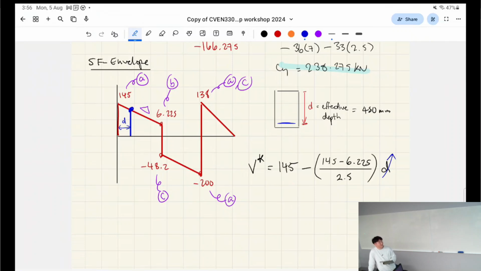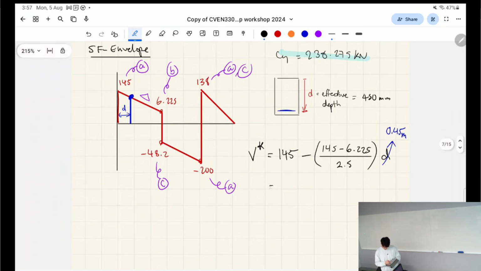What happens if we chuck in 450? If we chuck in 450, it's gonna represent this line because we're working in the wrong units. So this is gonna be 0.45 meters, right? So don't fall for that mistake, please.